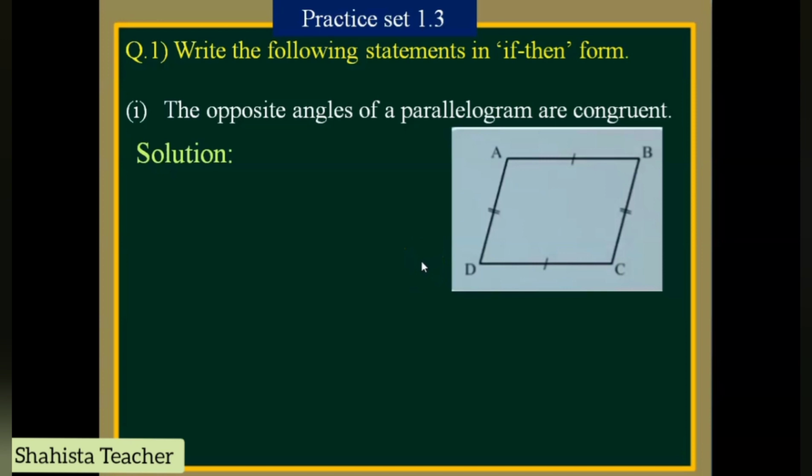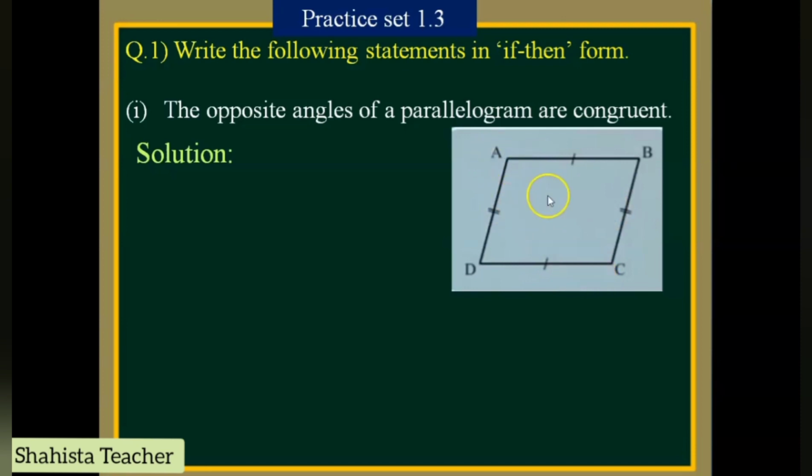If the quadrilateral is a parallelogram, and a parallelogram is a part of a quadrilateral. Is that clear? Now if the quadrilateral is a parallelogram, then the opposite angles of the quadrilateral are congruent. Opposite sides are also congruent and opposite angles are also congruent.